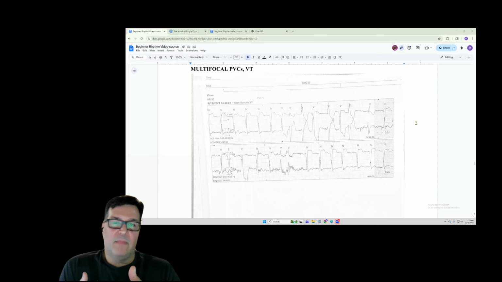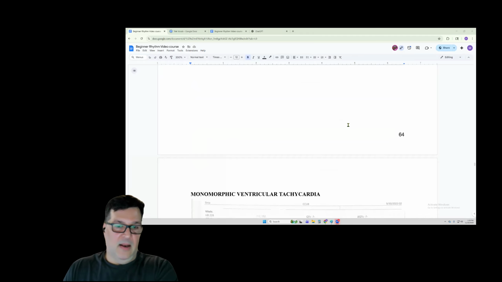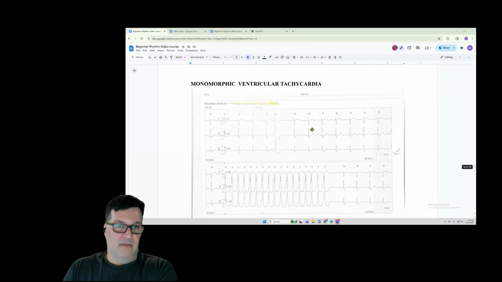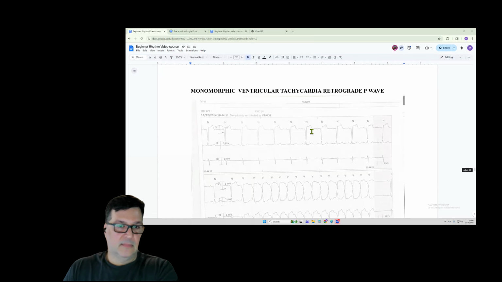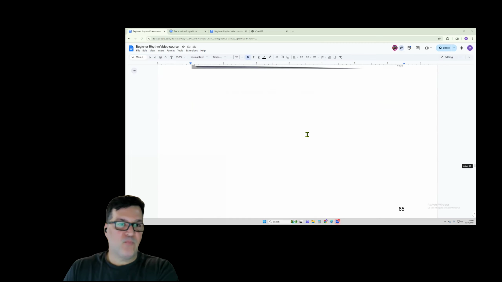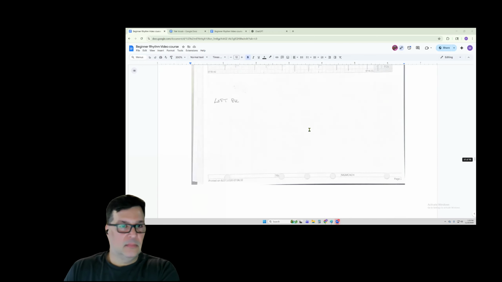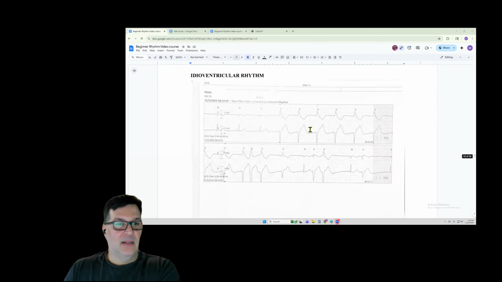You can have competing ectopic pacemaker cells in the ventricle too, and those are going to be called an idioventricular rhythm, if I can find it. Yeah, right here.